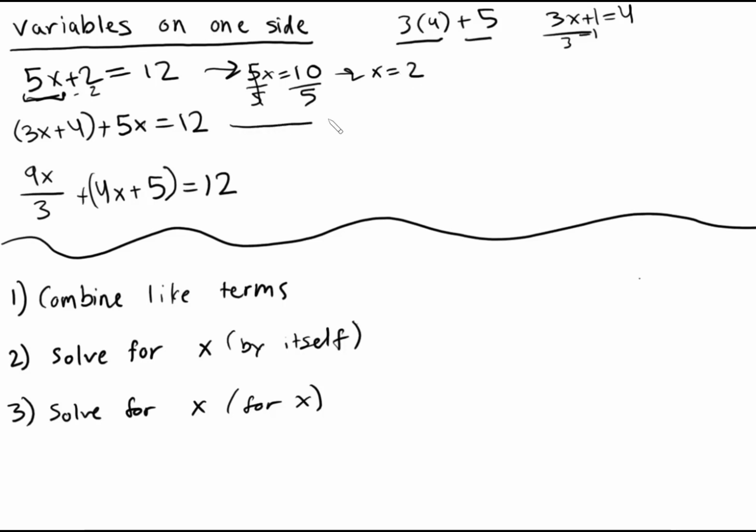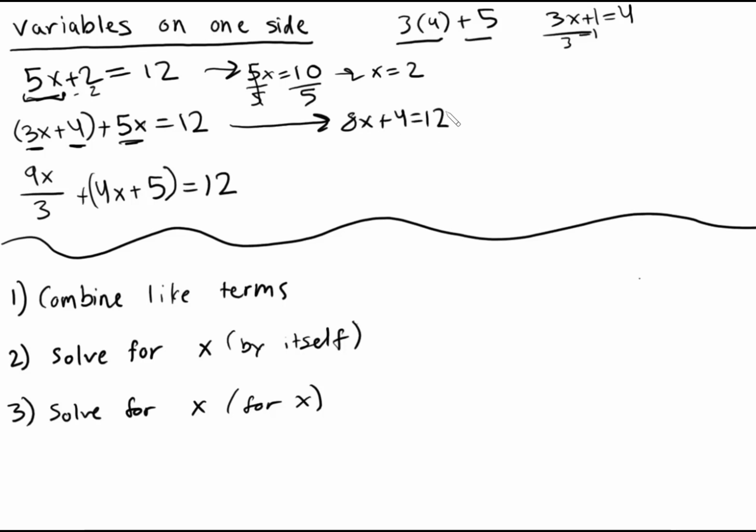Moving on to our second question. Well, now we can actually combine some like terms here. You can ignore the parentheses because there's nothing to be combined within them. Keep in mind that 3x and 4 can't be combined because 4 does not have an x, so it's not a like term. But there is a 5x over here. If you combine like terms, you get 8x plus 4 is equal to 12.